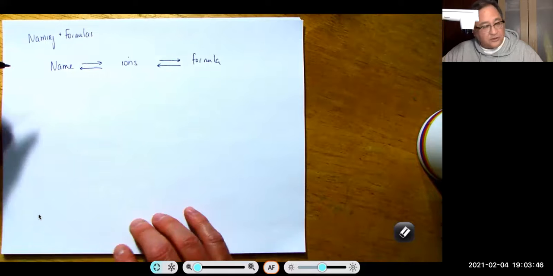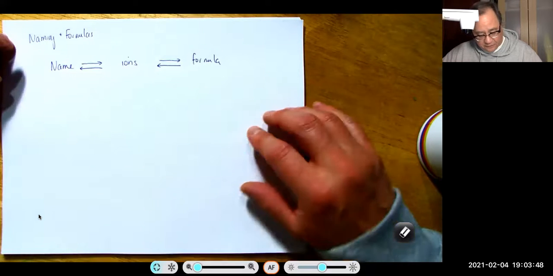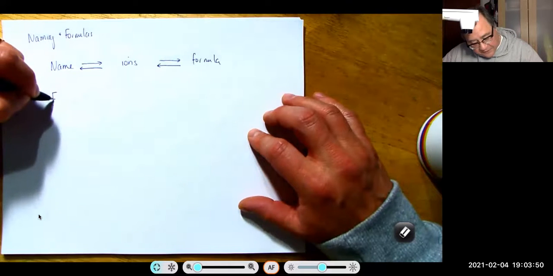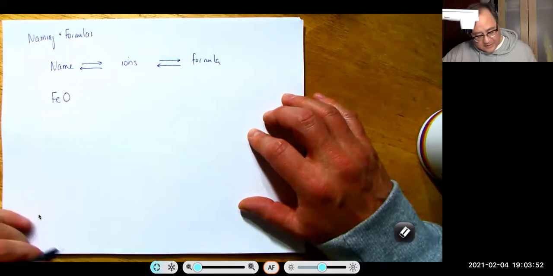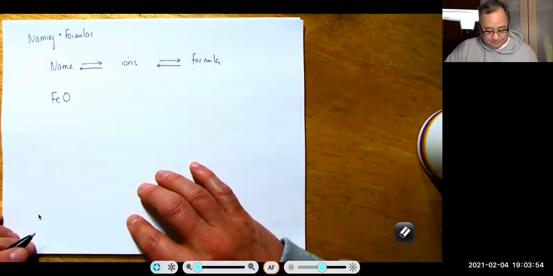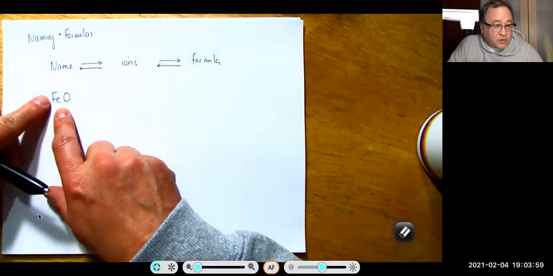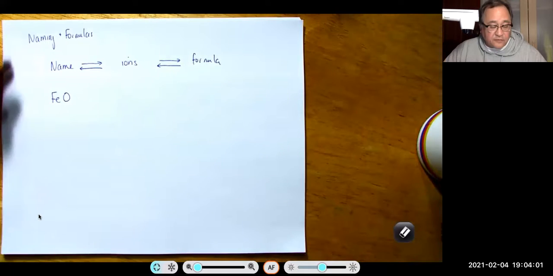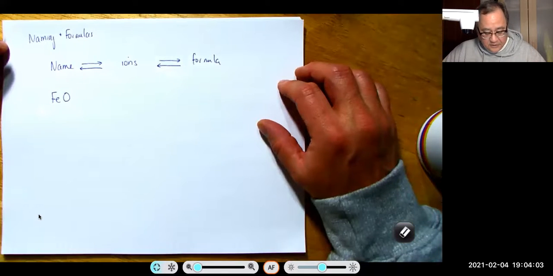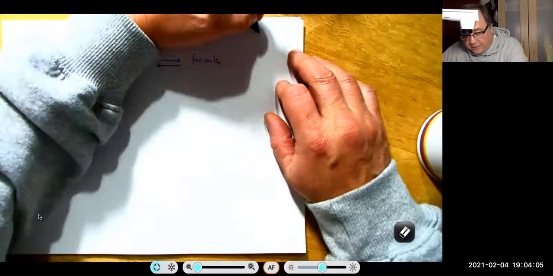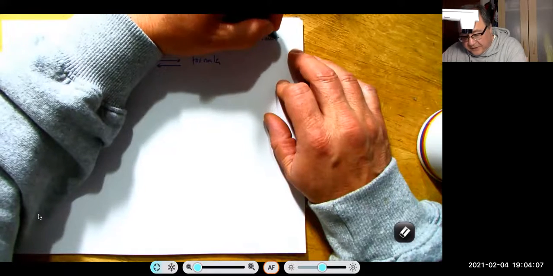Okay, so these are ionic compounds. The first formula I'm going to give you is FeO, and let's figure out the name. Now, one of the things I may not have told you before is that when you write the formula, you need to know the following: it's neutral.